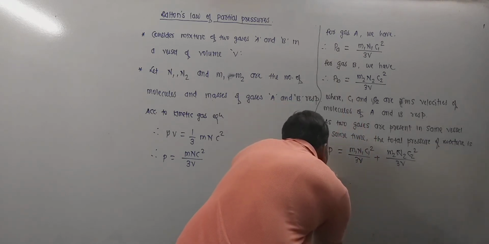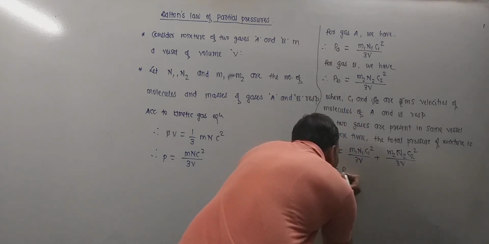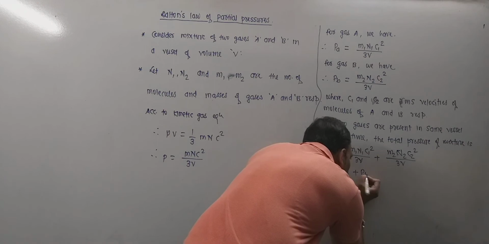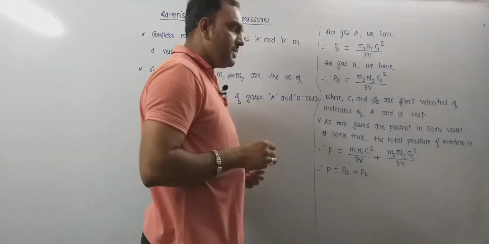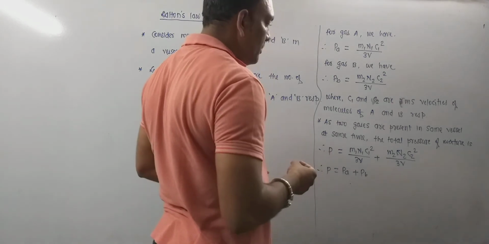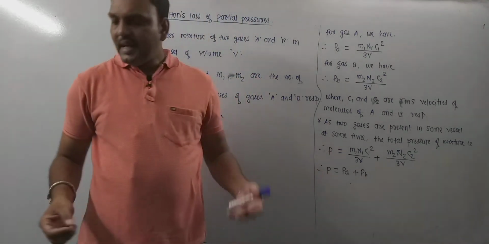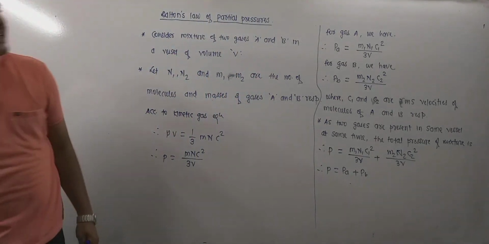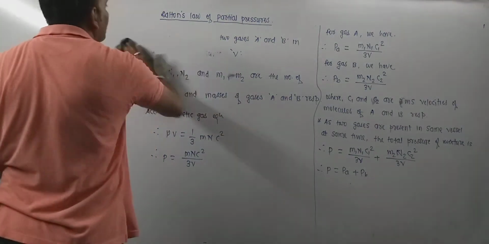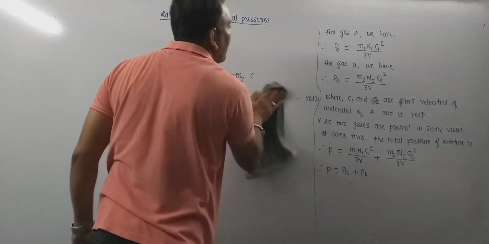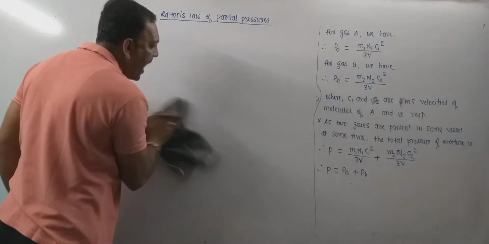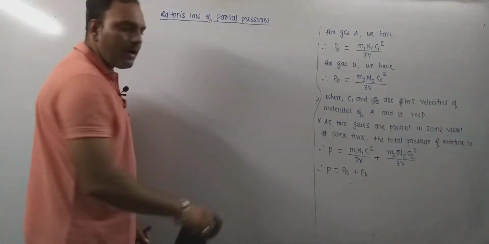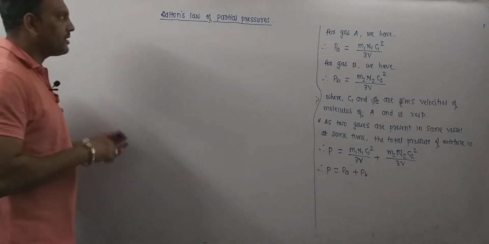So further this can be easily given as P equals PA plus PB, as we are considering a mixture of two gases. If there is a mixture of more than two gases, how can this be given? We need to add the pressures of every ingredient.